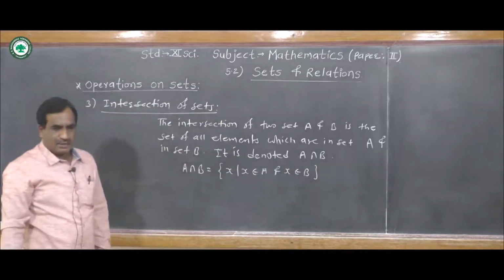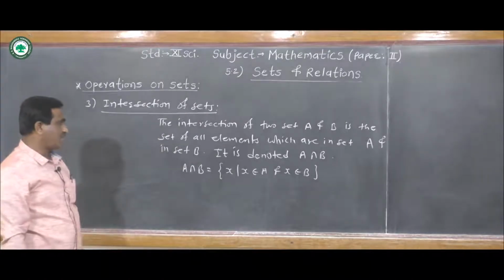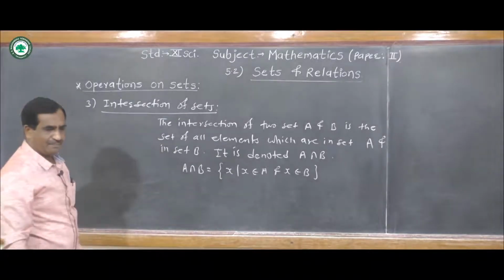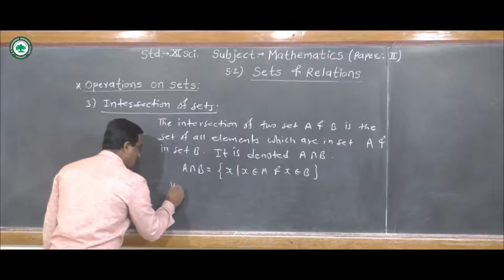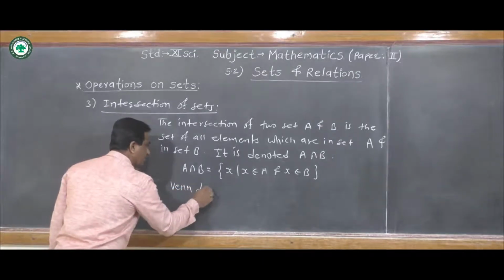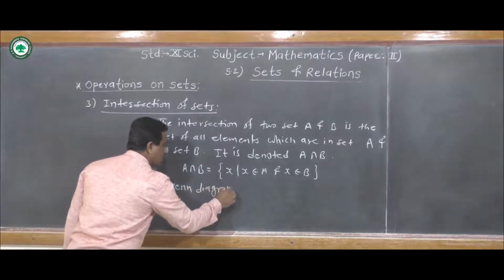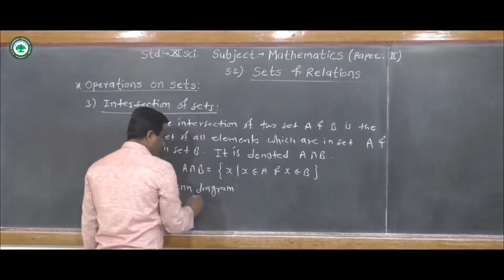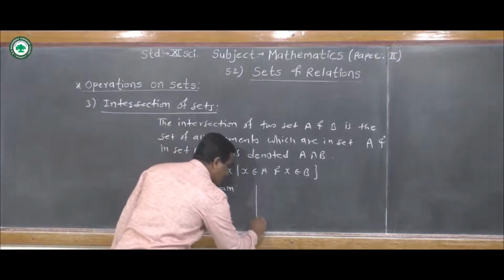Okay. Now representation for the intersection of two sets by Venn diagram. Now consider universal set.